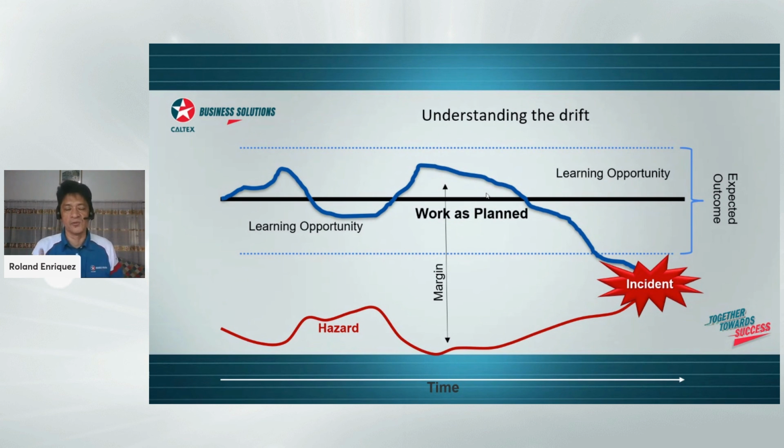People have a tendency to drift, and they drift because of the conditions I mentioned, and they drift because they want to finish the job. Majority of the time, they will complete the job without incident, and then we celebrate it, right? But then again, there will be times that it will result in an incident. So what I'm saying here is, when you have completed the job, conduct a look back and learn why they drifted and adjust the standard as needed. Okay?